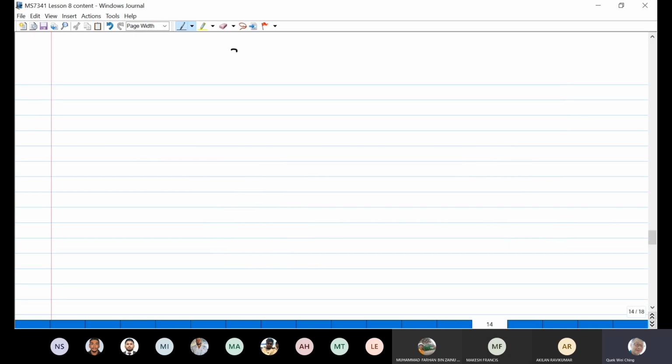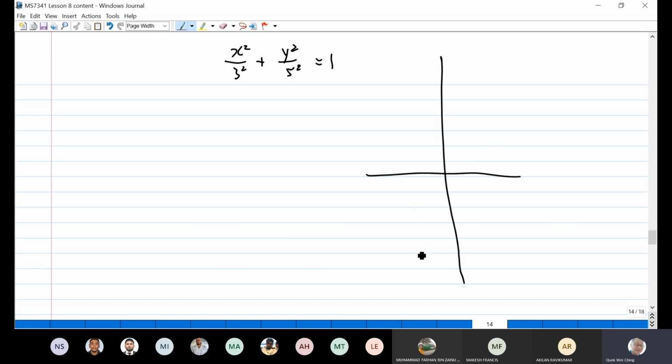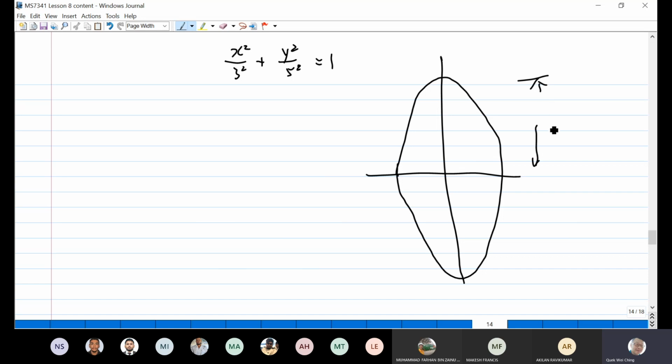Okay, we have x squared over 3 squared plus y squared over 5 squared equal to 1. When you draw it, it will be a vertical one, something like this. From here to here is 5, another 5.